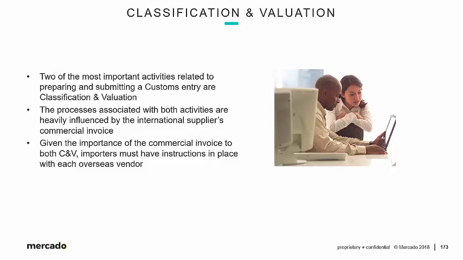As we'll see in upcoming slides, the processes associated with both of these activities are heavily influenced by the international supplier's commercial invoice. In fact, this section is all about the vendor's commercial invoice. Last bullet, given the importance of the commercial invoice to both classification and valuation, importers really should have instructions in place with each overseas vendor on how to prepare commercial invoices pursuant to U.S. customs regulations.